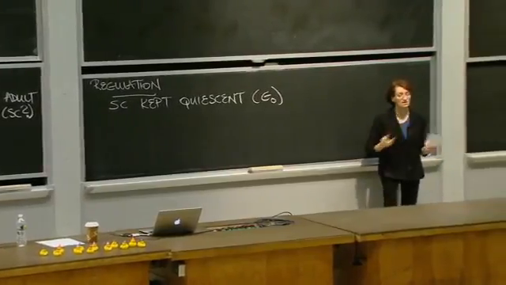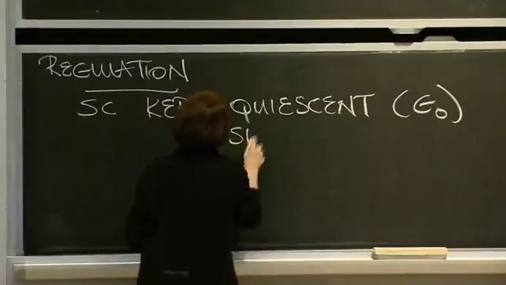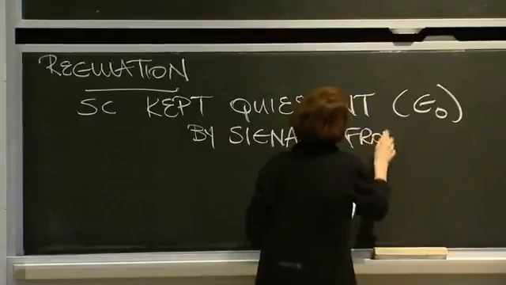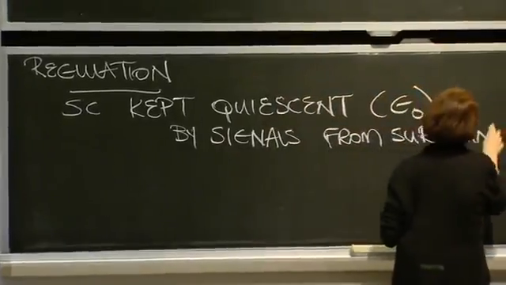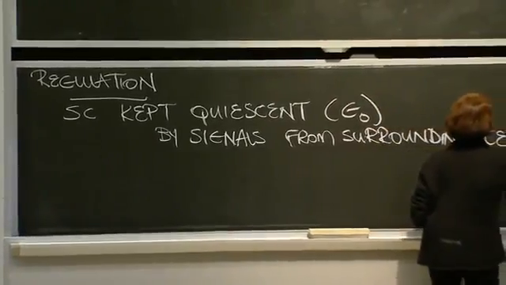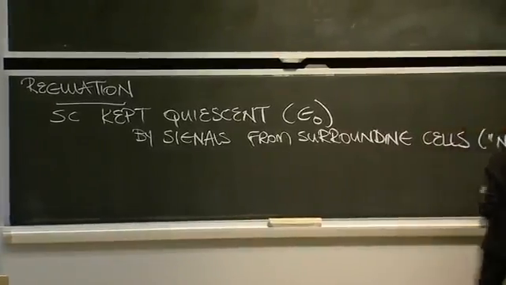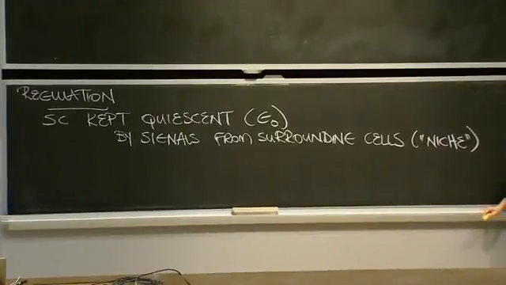So there's cell-cell interaction, and those cells are given a special name by stem cell biologists. They're not that special, but they're given a special name. They're called niche cells or the niche. They're just surrounding cells that are secreting signals.